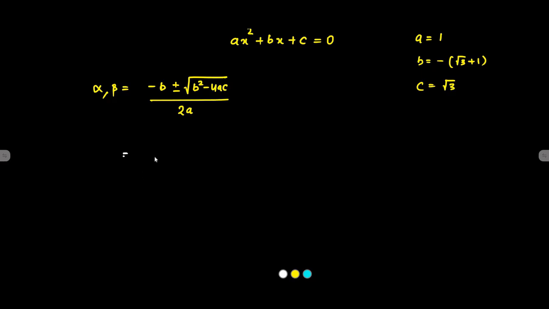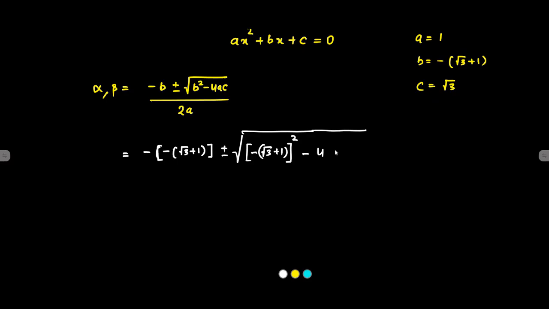we get x is equal to minus of, in square brackets, minus root 3 plus 1, plus minus root over of minus root 3 plus 1 whole square, which is b square, minus 4, a is equal to 1 and c is equal to root 3, by 2a, which is 2 into 1.